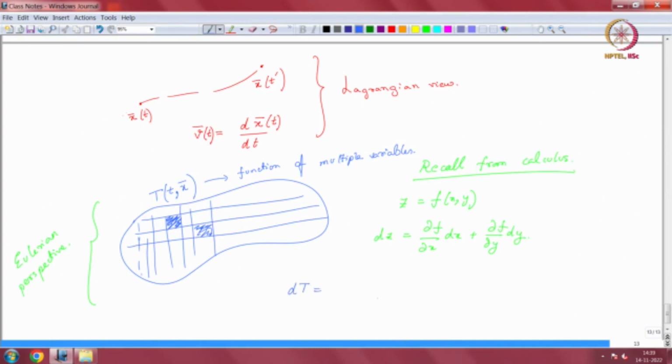So I have to apply this multivariable calculus idea here, and what I will end up having is simply del T, plus, let us say, del T del x.